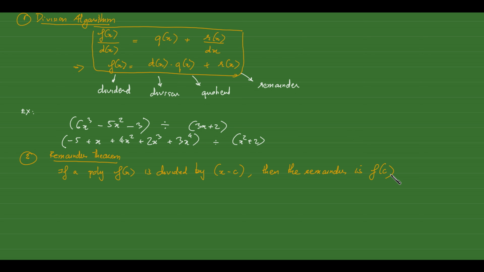So this will be f of c. You know how you calculate f of c? You plug c into the function and calculate it. So the remainder tells you that f of c is actually the remainder when you do division.